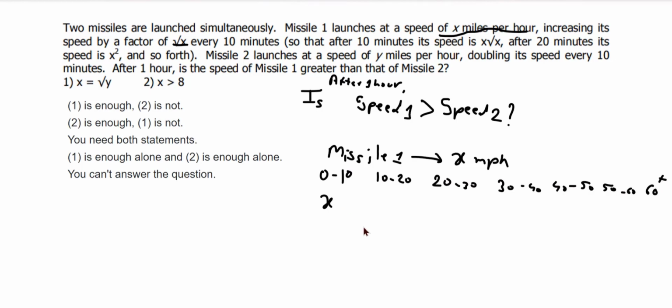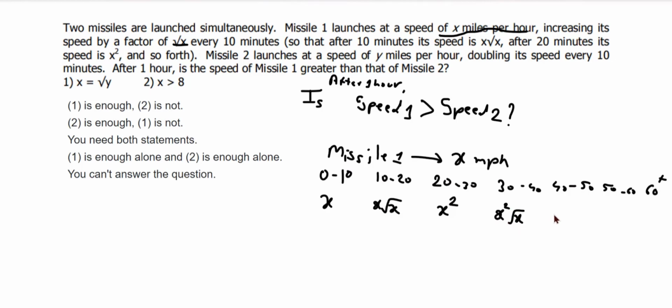So if the starting speed is x between 0 to 10, what would be the speed? Does it make sense, by the way? Yeah, it does. Great. Next one will be x root x. How about between 20 and 30? x root x, that will be x into x, that will be x square. Very nice. Between 30 to 40? x square root x.